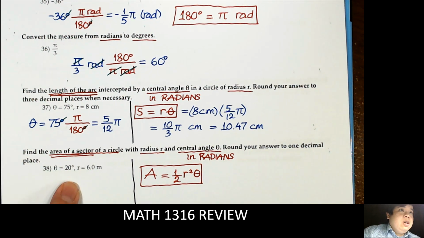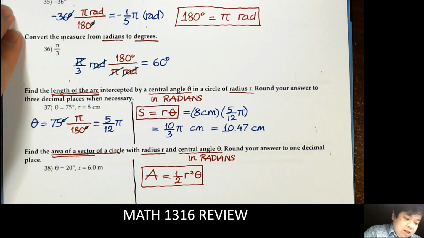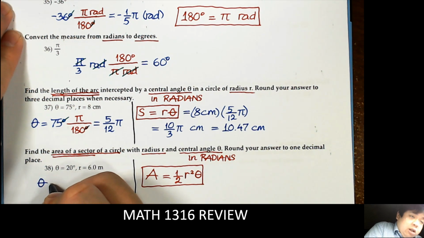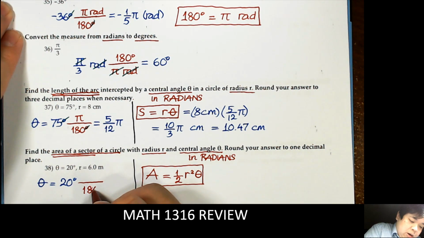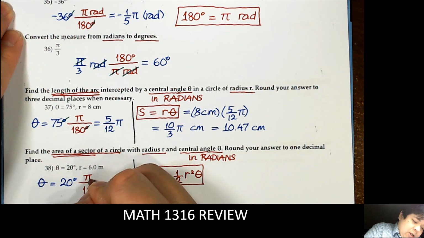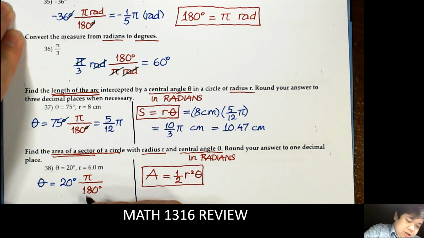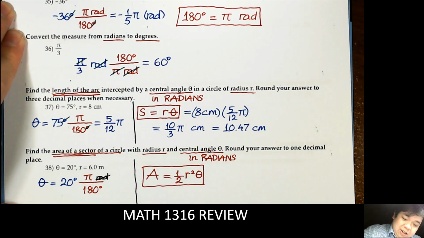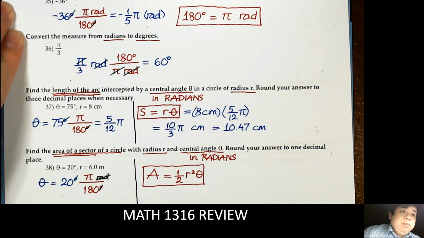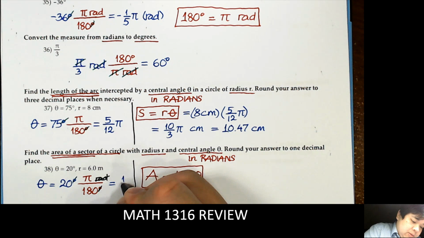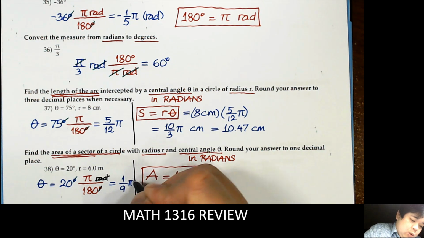Once again, the central angle is not given in radians, it is in degrees, so we need to make the conversion. So we don't need degrees, so put degrees at the bottom and pi radians on the top. Radian or not, it doesn't matter. Degrees cancel out. 20 divided by 180, so that is 1 over 9 pi, or just pi over 9.